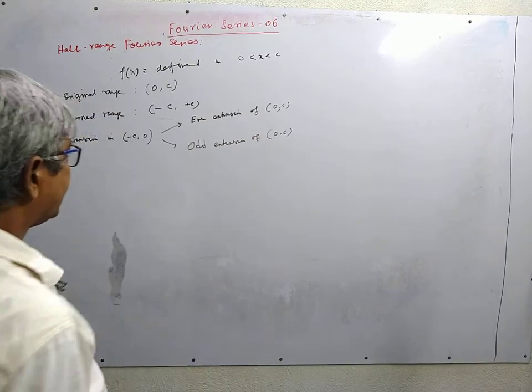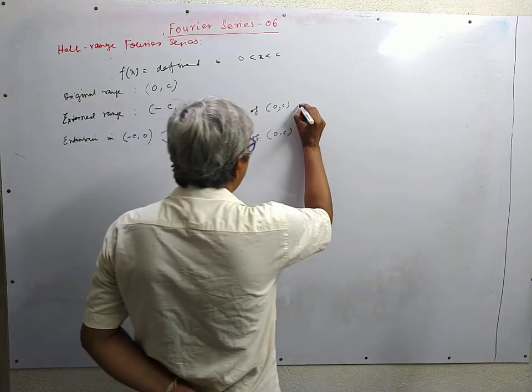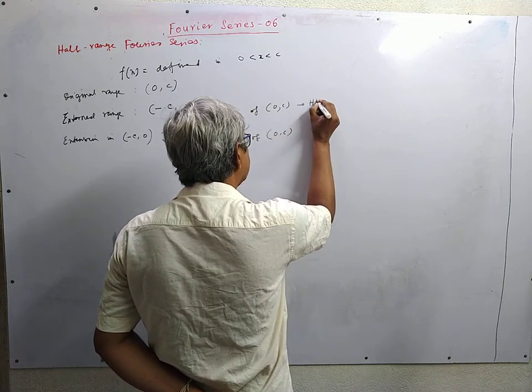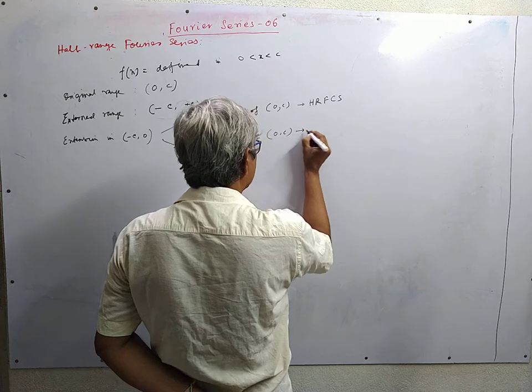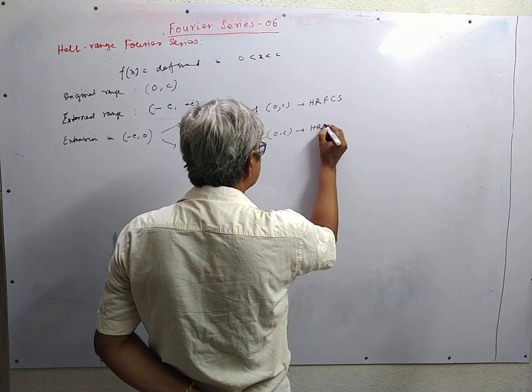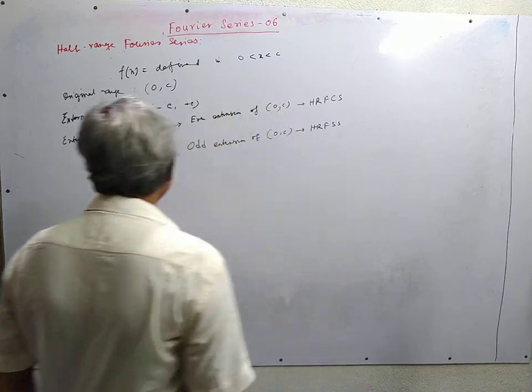So if we extend the function in even mode, this is called the half range Fourier cosine expansion or series. This is known as half range Fourier sine series or sine expansion.